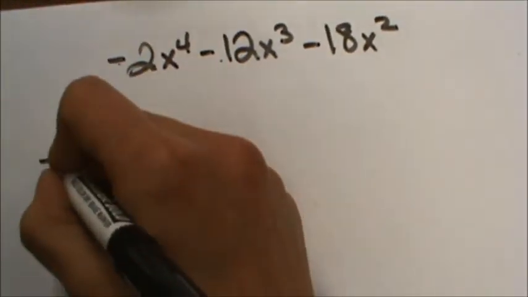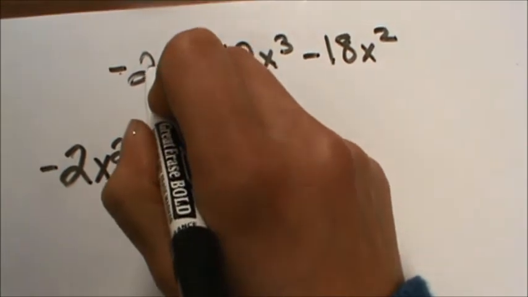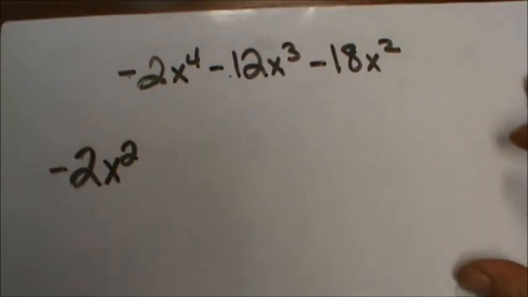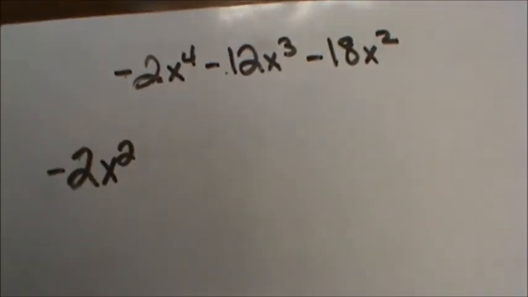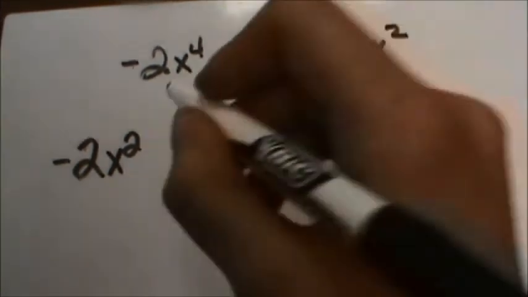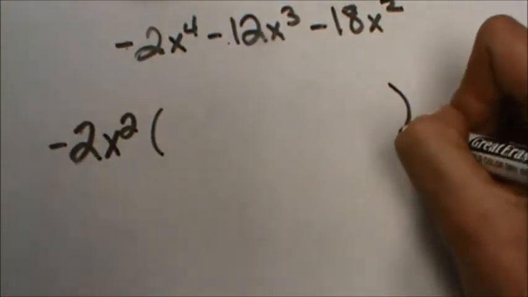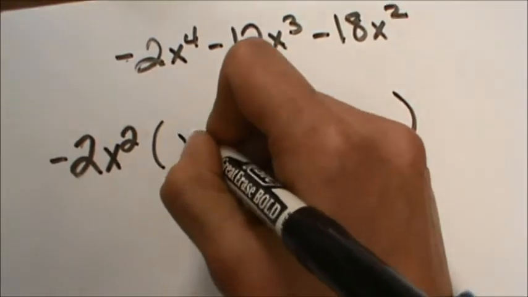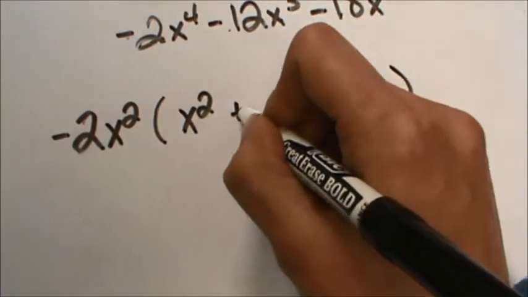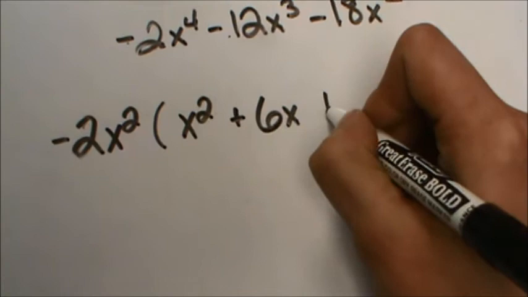I'm going to take out a negative 2x squared. If ever the first term of your polynomial is negative, take out a negative. It will make your life a lot easier. That being said, what I have left over will be a positive x squared, a positive 6x, and a positive 9.